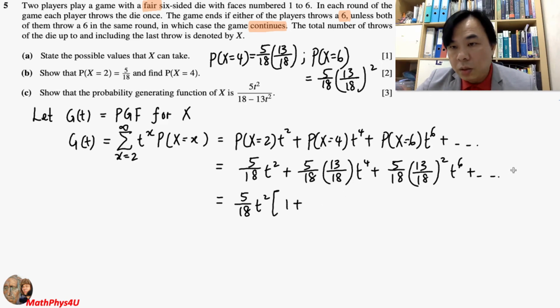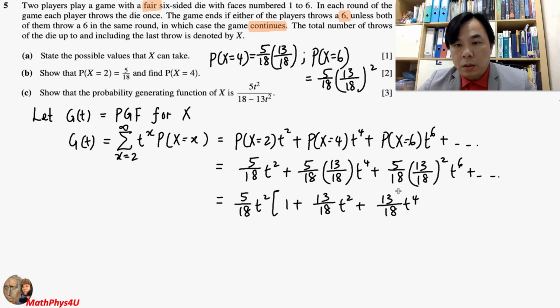This one actually goes to infinity. Now that would be, let me see, I have 13 over 18 t squared, and then I have 13 over 18 t^4. Did I get it right? Let me see.